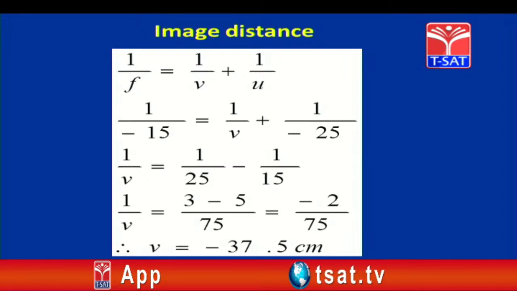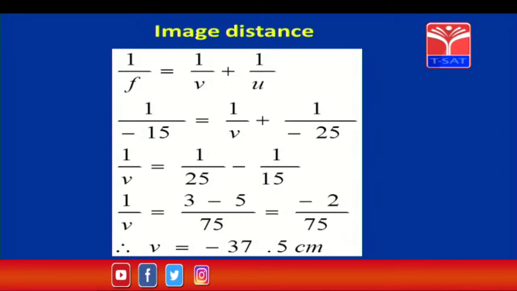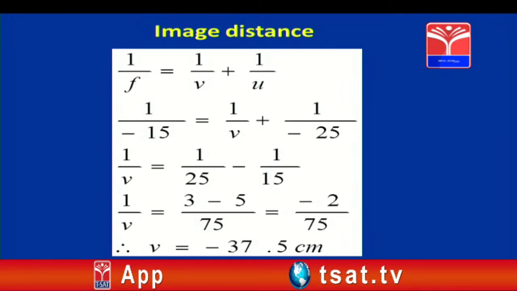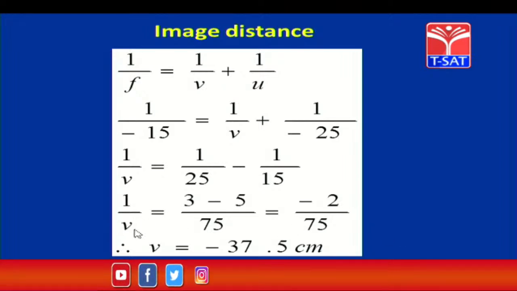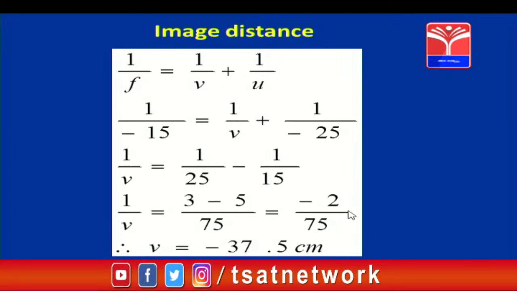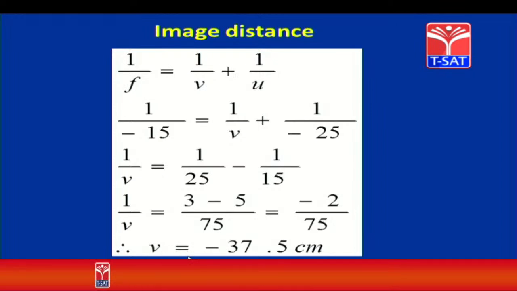So, I can write 1 by V is equal to 1 by 25 minus 1 by 15. On calculating, we have 1 by V is equal to minus 2 by 75. You have to subtract using LCM. That gives us V is equal to minus 75 by 2. Therefore, the image distance V is equal to minus 37.5 centimeters.